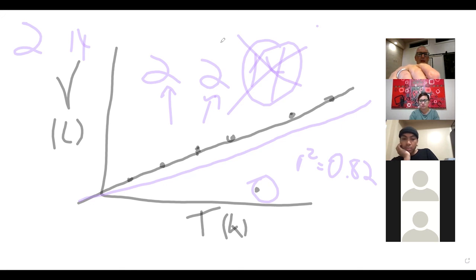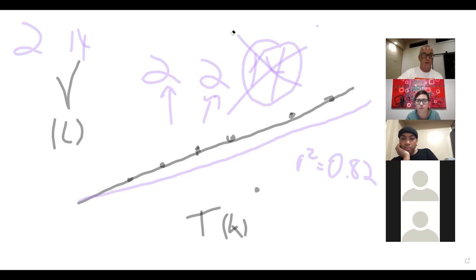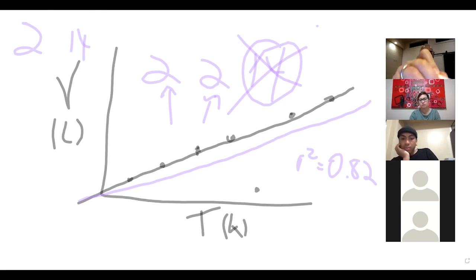So this point right here is an outlier. Oh, go back, undo. This point is an outlier and it needs to go. So basically I just throw it out. No harm, no foul, because I have all these other points.